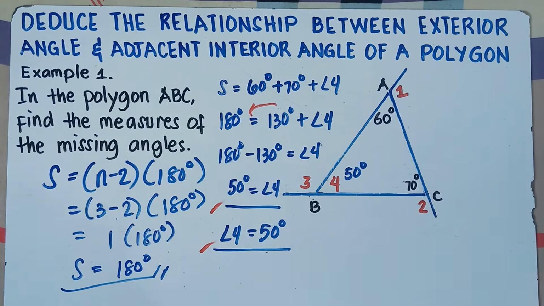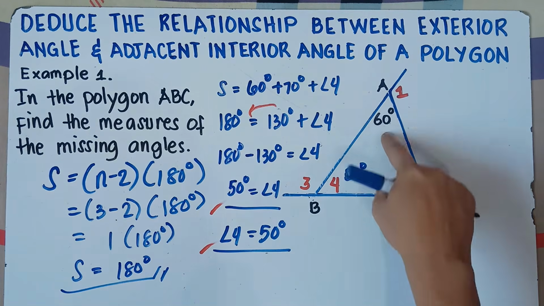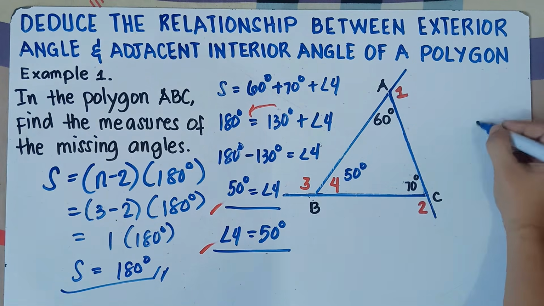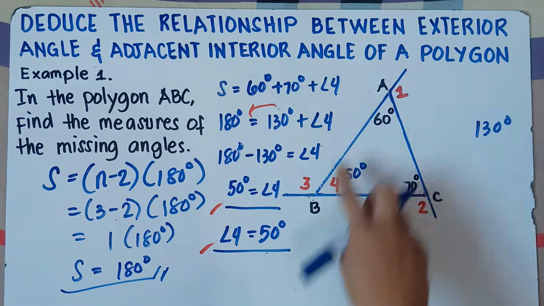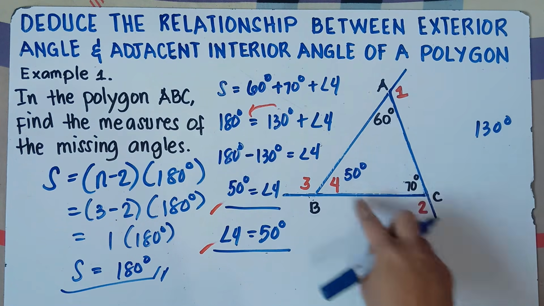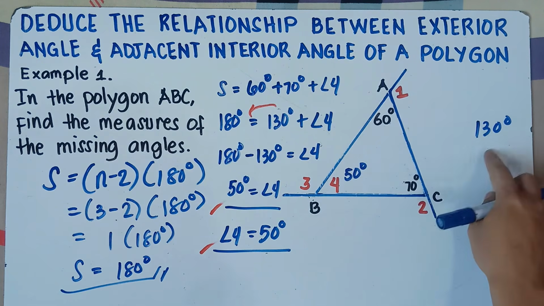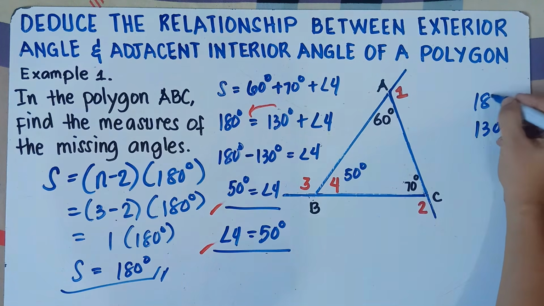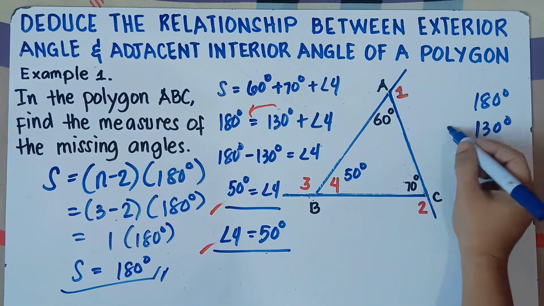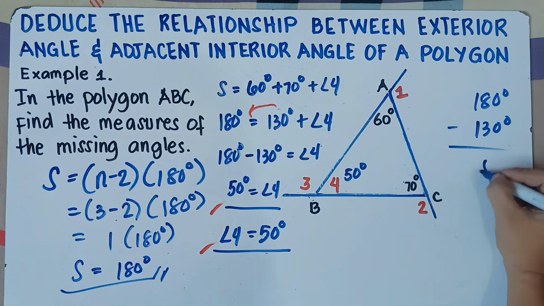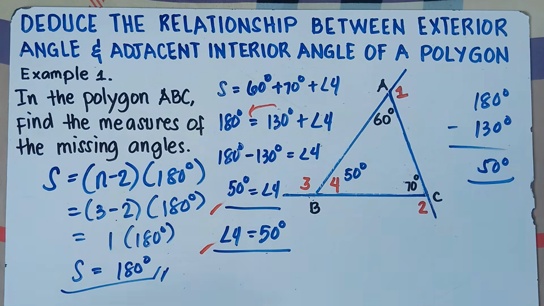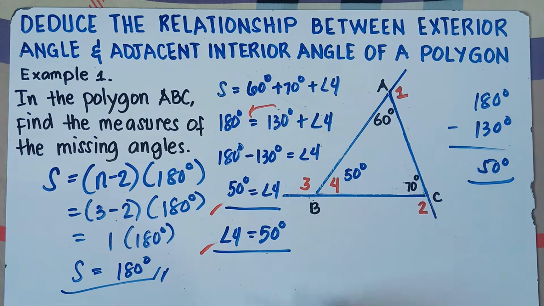If you use the shortcut, you can just add 60 plus 70, that's 130, and since you know that the sum of these interior angles is always 180 degrees, you subtract 130 from 180, that's 50 degrees. So you can do it this way to make it short. But if you're confused, you can use the formula, class. So angle 4 is 50 degrees.